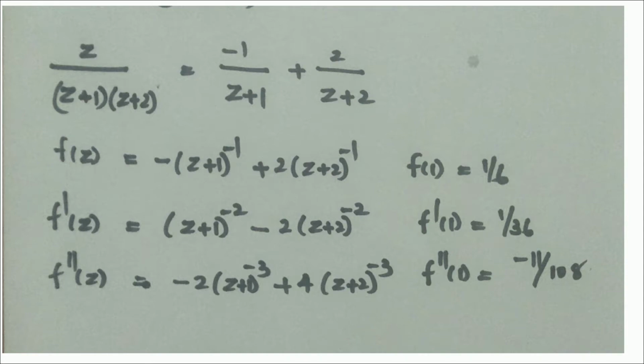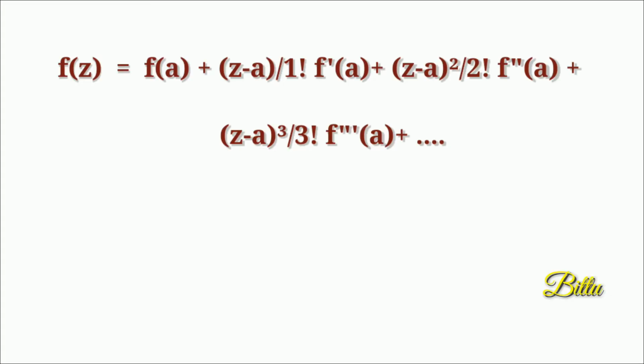Next, find f(1), f dash 1, f2 dash 1. You can see f of 1 is 1 by 6, f dash 1 is 1 by 36, f2 dash 1 is minus 11 by 106. We have three non-zero terms. Next, you write the Taylor series, and in this you put a equal to 1 and substitute the values of f of 1, f dash 1, f2 dash 1.